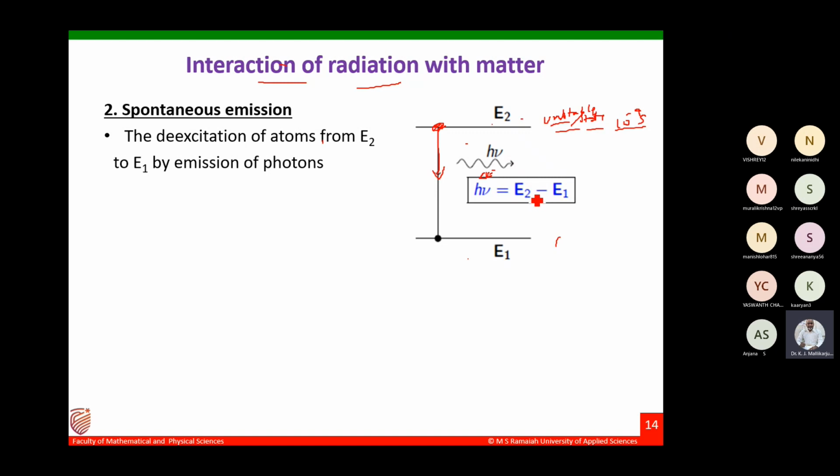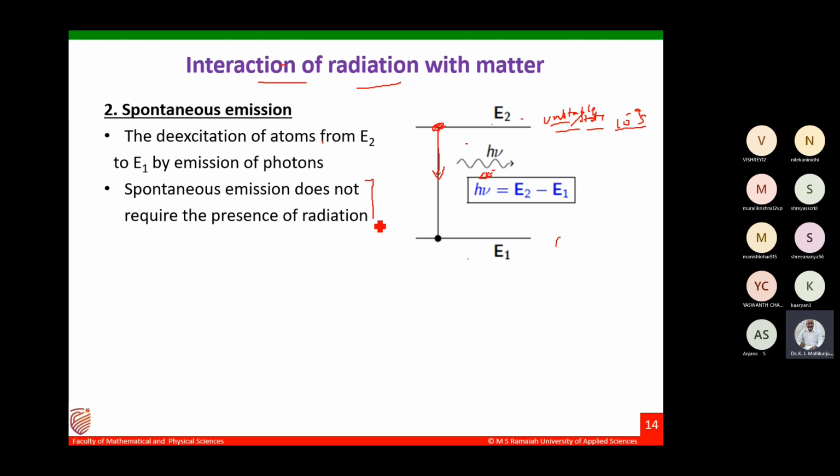That is exactly similar to the way it absorbs. Here it is emission, and this emission is happening simultaneously, and simultaneously means spontaneously. That's why we call it spontaneous emission. The key point we need to understand here is that for spontaneous emission to occur, it does not require the presence of radiation.